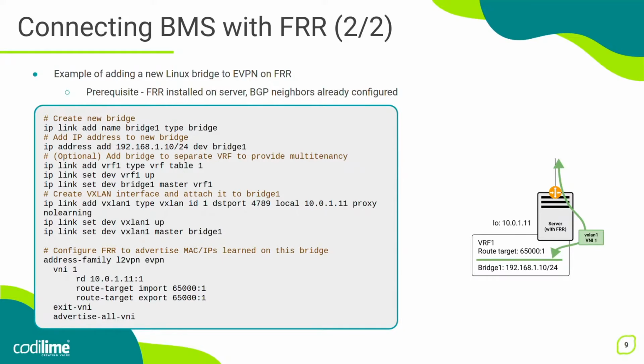So the FRR daemon is up and running, the BGP protocol is enabled, and we just enable the EVPN address family, create the configuration for VNI1, where we specify appropriate route targets for our VRF, and then enable the EVPN advertisements. In truth, this is quite a few commands, but not a lot. Keep in mind that this kind of configuration can be simplified and automated using scripting. So it is not that hard to do at all.